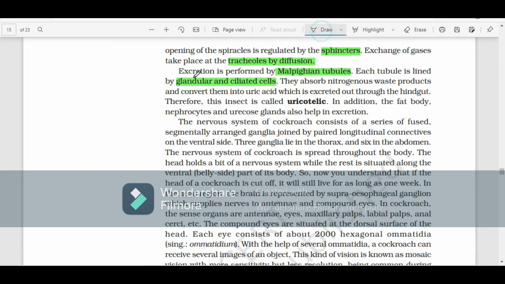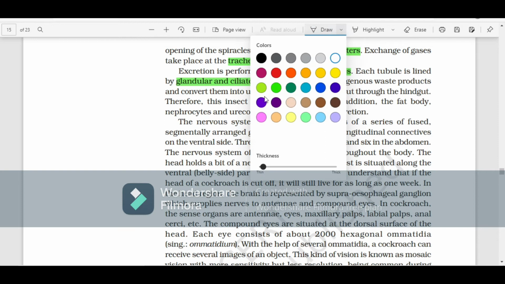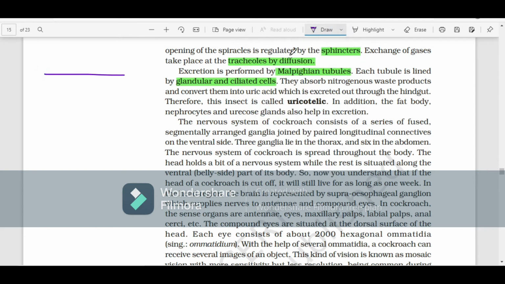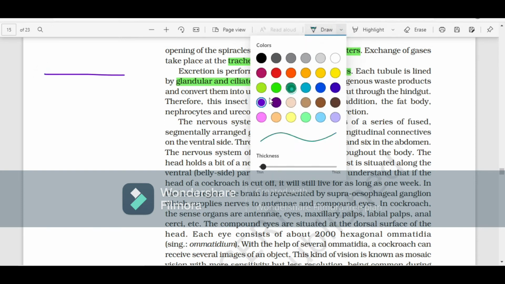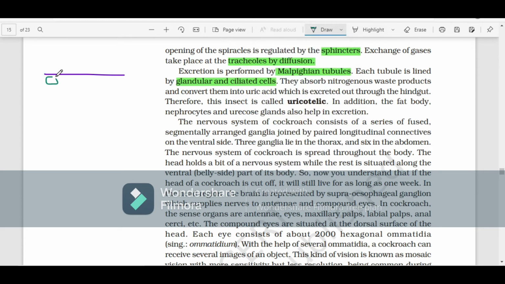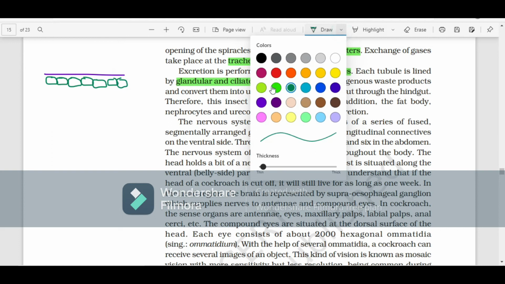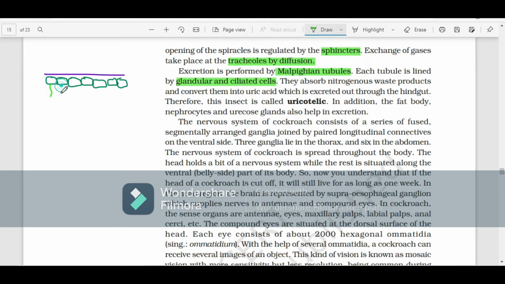If you see the surface like this, they're going to have cube-like cells like this. These are the glandular cells, and they have cilia like this.